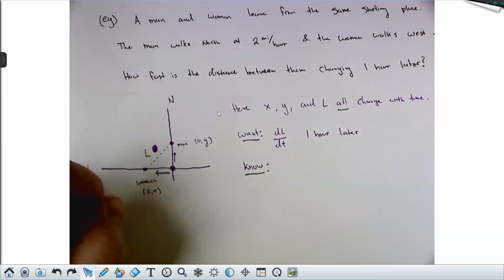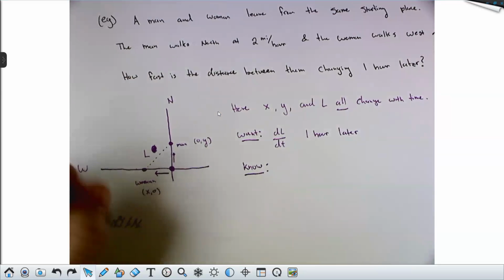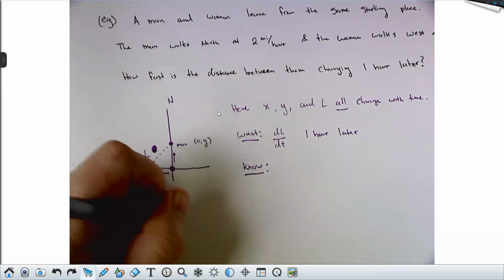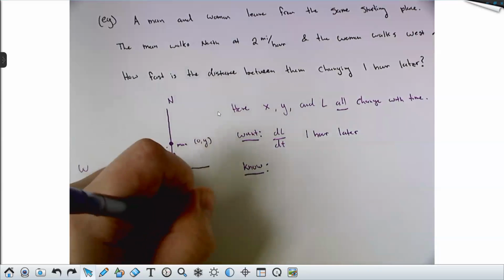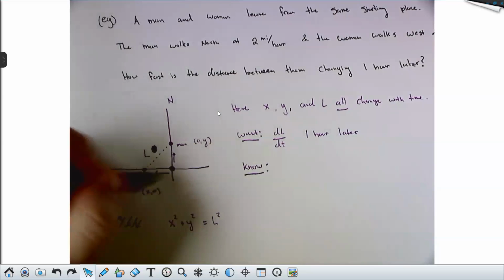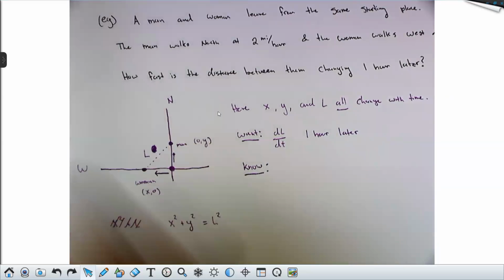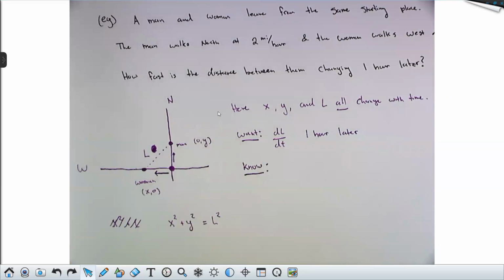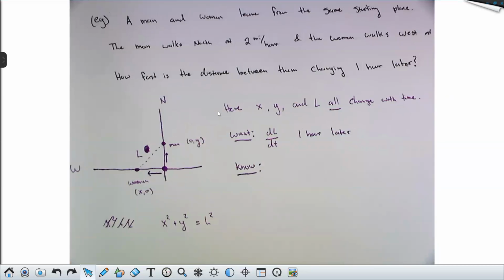I'll write it as x squared plus y squared equals L squared. That's coming from the fact that this is a right triangle, and that's completely correct. We are going to use that. But x is equal to dx dt multiple 1.